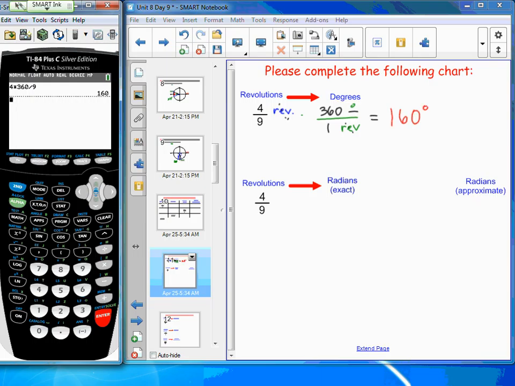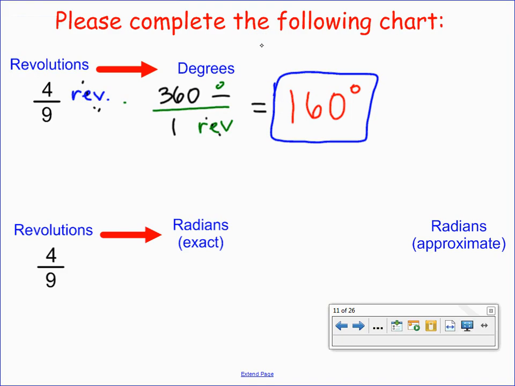Awesome. Next, 4/9 revolutions to radians exact. All right, so we need a conversion fraction that gets rid of revolutions and goes to radians. I know that in 1 full revolution of a circle, there are 2 pi radians exactly because of my circumference formula.